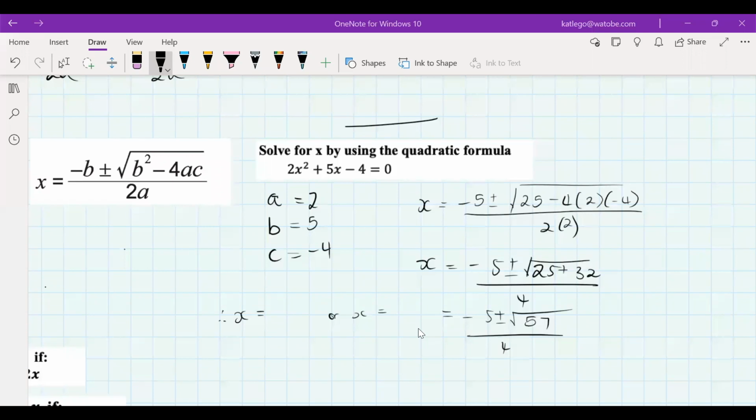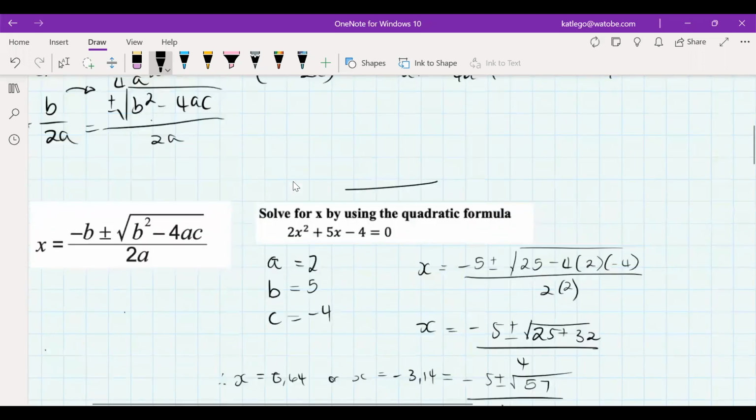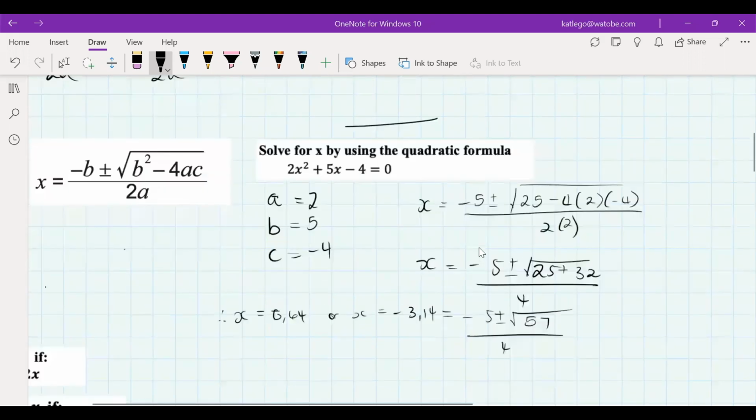I hope everyone else is trying. So I also got x equals 0.64, or x equals -3.14. If you did not get that, speak now and let's see where we went wrong.